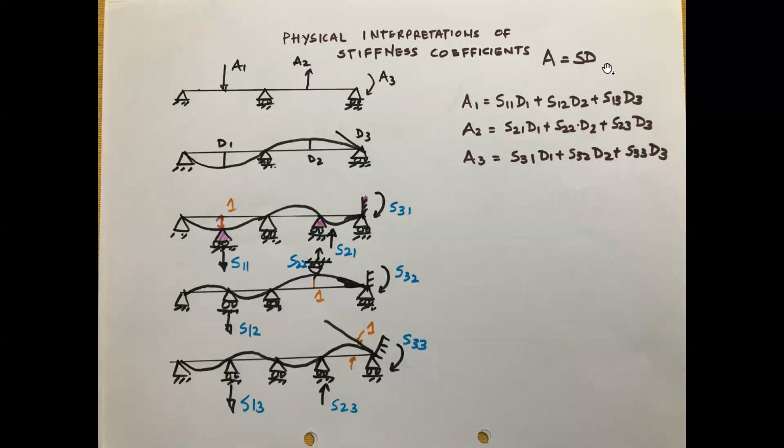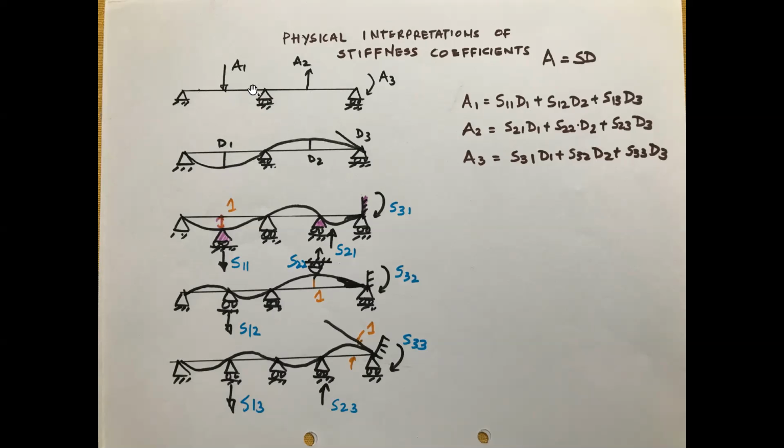and it also relates the displacements D1, D2, D3 which occur because of these external loads. So first, we draw the diagram of the deflected shape that is shown in the second figure, where D1 is the displacement. Please mind, again I am drawing your attention: what we want to relate is the corresponding forces and corresponding displacements. So the corresponding force is A1, and the corresponding displacement is D1.